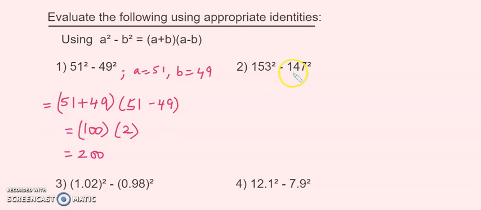Similarly, if you look at this next question, it's 153 squared minus 147 squared. So a is 153 and b is 147. So a plus b times a minus b. Right? So when I add 153 and 147, I should get 200.